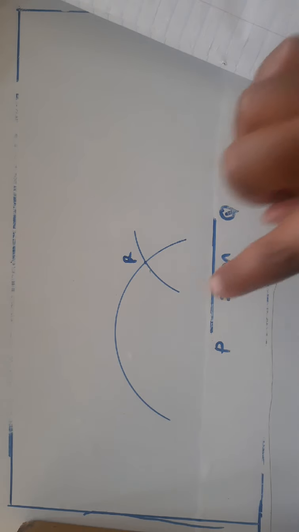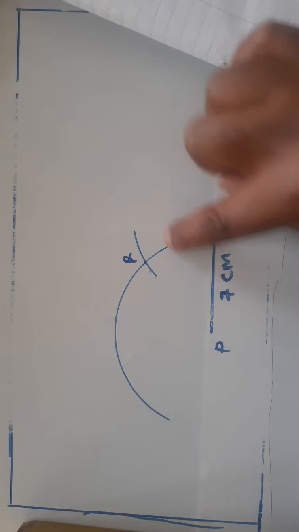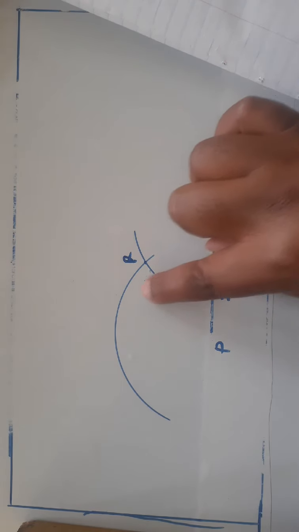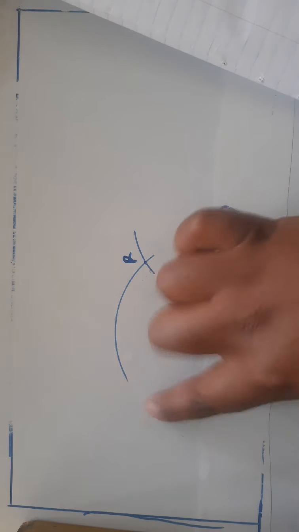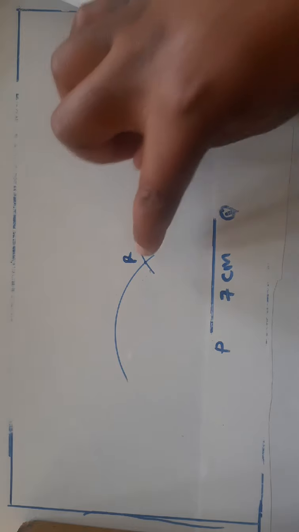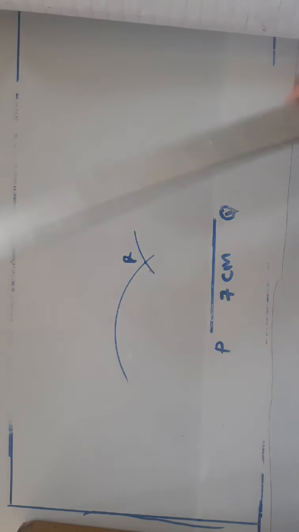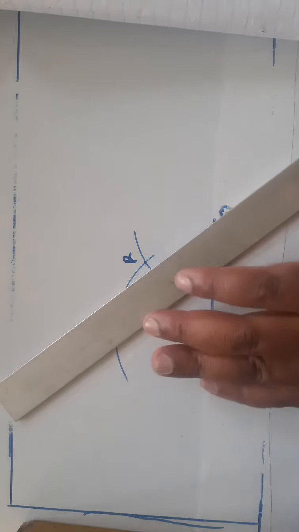So this may not even be needed. You can erase them if you want, or I can even leave them like that. Then you join this point to Q. Don't worry, even if my line is getting erased because I'm using a whiteboard.